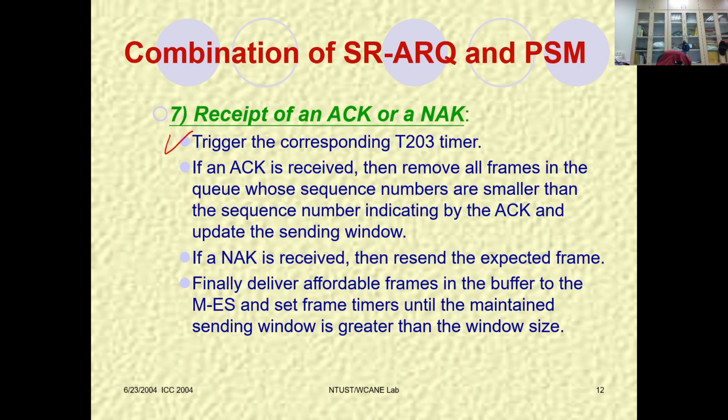If this is an ACK, we need to remove the frames in the queue smaller than the sequence number, because everything is done. If it is a NAC, then we need to resend the expected frame or frames. With ACK and NAC, later we can deliver further affordable frames, and because we deliver them, we need to set frame timers.